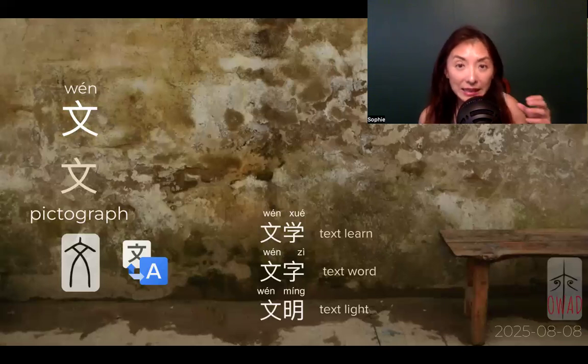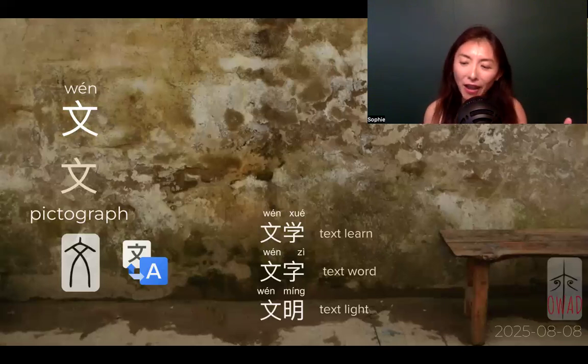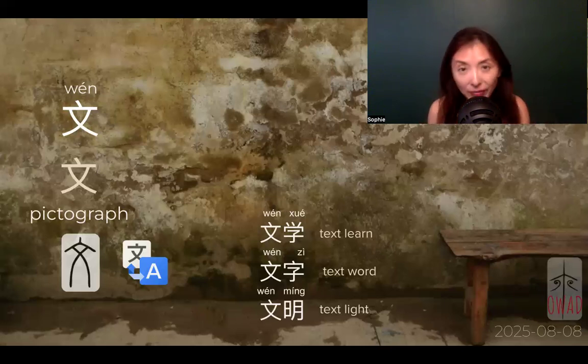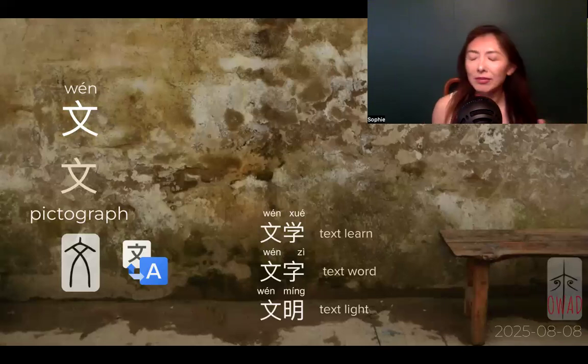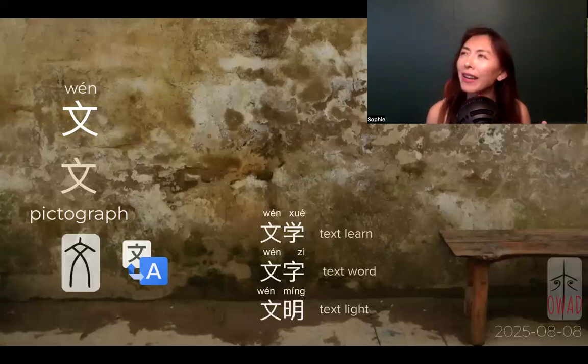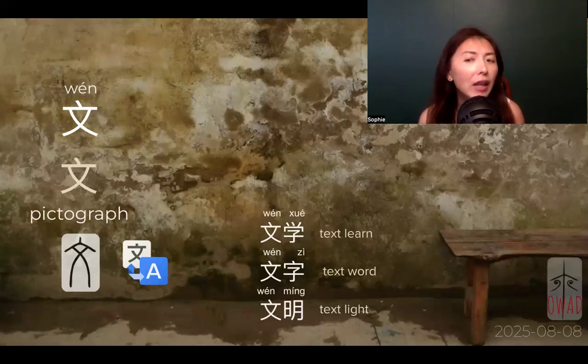And 文明, the civilization, was basically defined as text-based. When you have a text, when you have this recording, then things get illuminated. You can look at this particular civilization. And of course, non-written forms, tribal cultures exist, but probably they're not regarded as big civilizations that built something big.